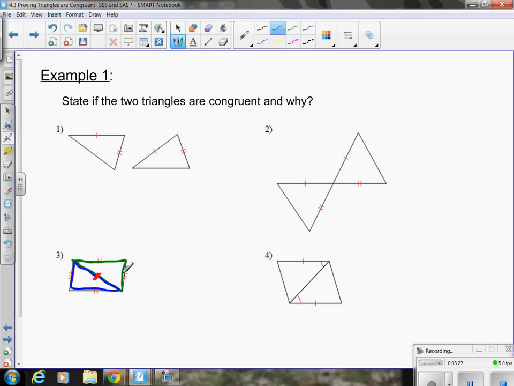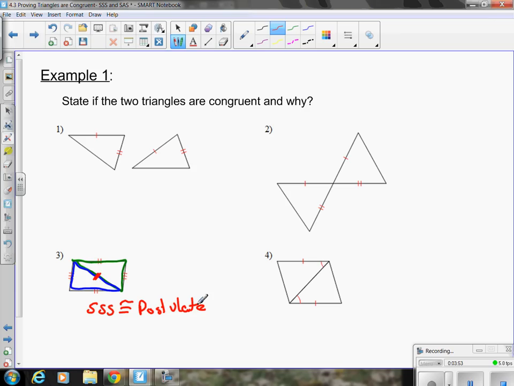Okay, that's by the reflexive property. So now I know all 3 sides. This is congruent to itself, the green and blue triangle side. This one to this one, this one to this one. So this is yes by side, side, side congruence postulate. Those 2 triangles are congruent.